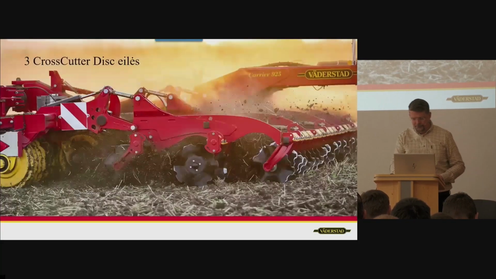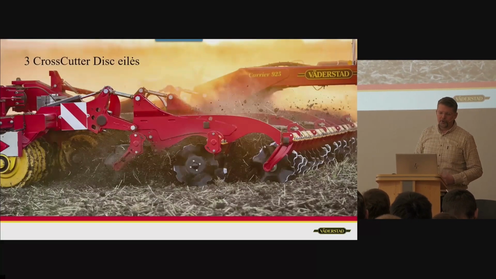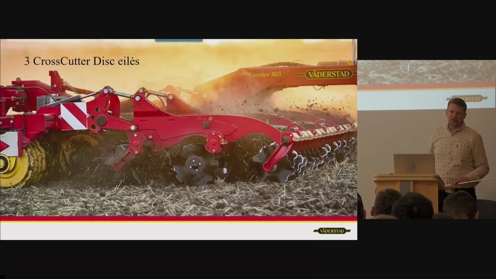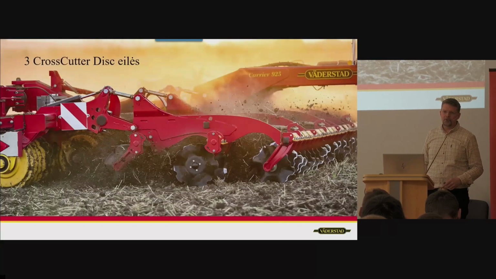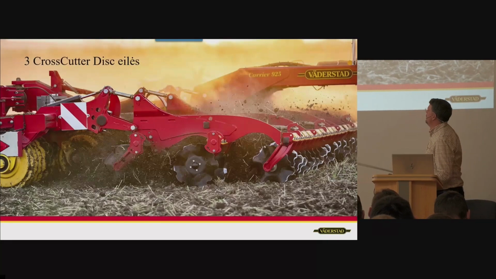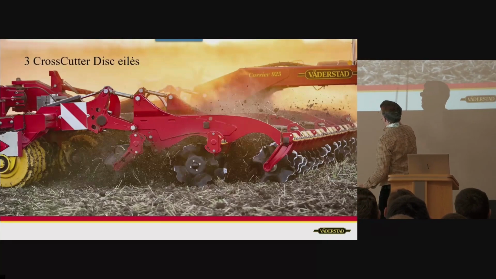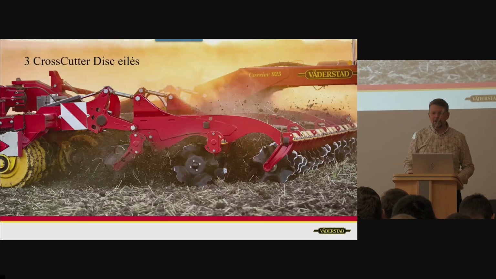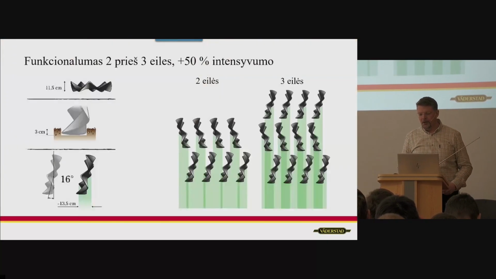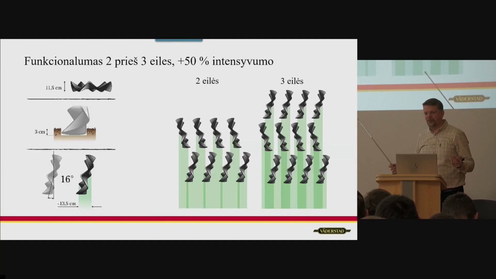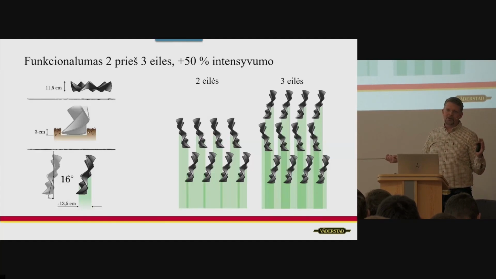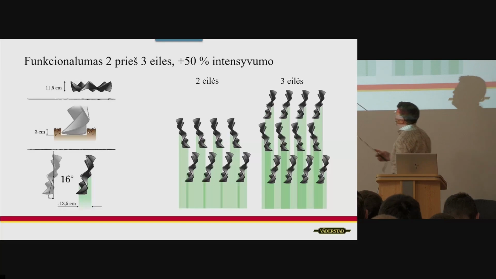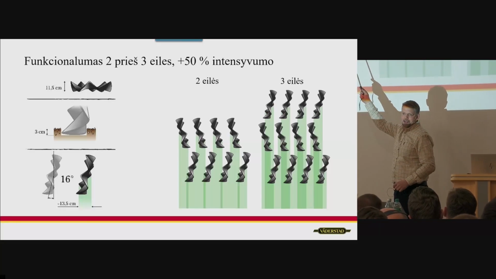There is also now the 3 rows of cross-cutter disc available, to increase the aggressiveness further, so there's one more row in here. And what is the benefit of that? We basically increase the aggressivity by 50%. The cross-cutter disc is fairly wide.